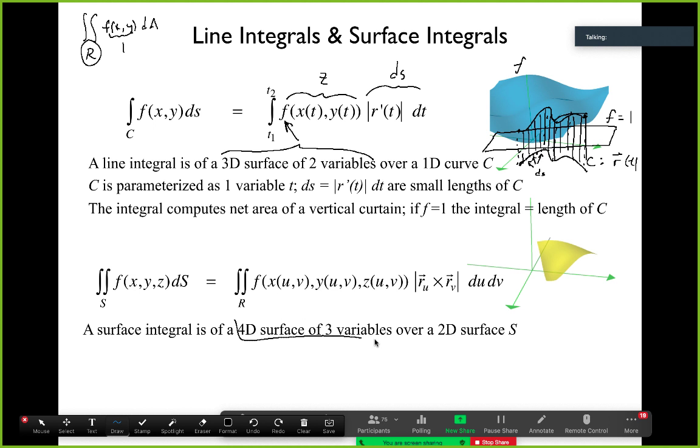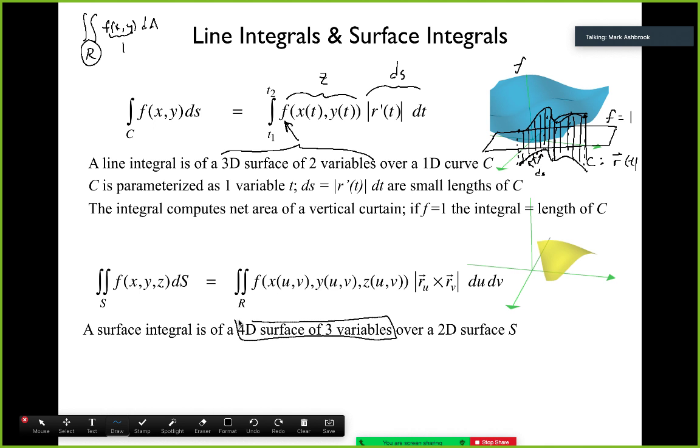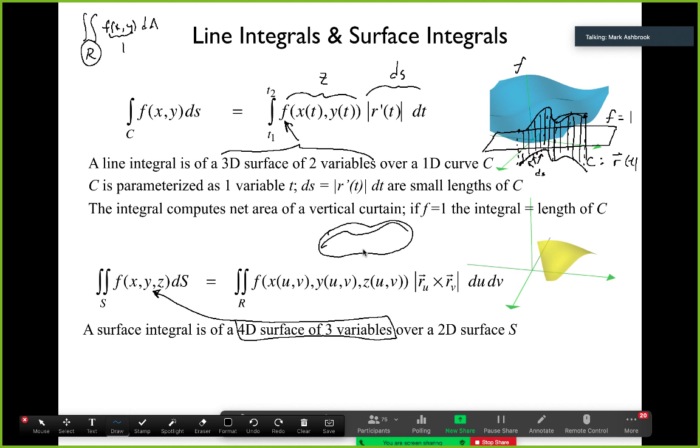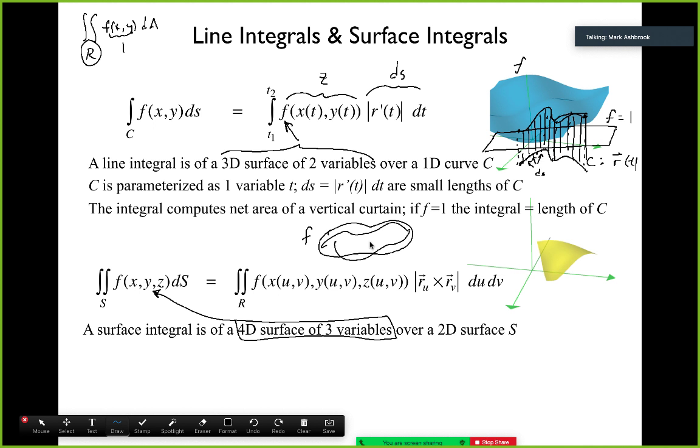That's F. Okay, we don't really draw those, right? But it would be analogous to the blue surface. So whatever the blob is, okay. So this is F, and it lives in R4.